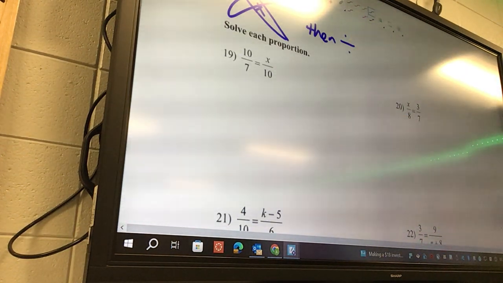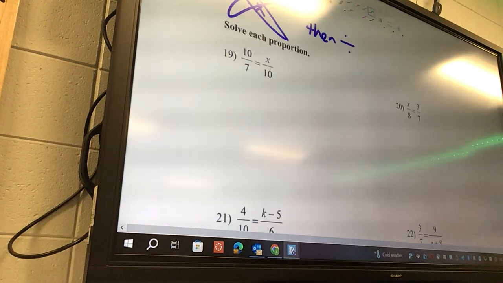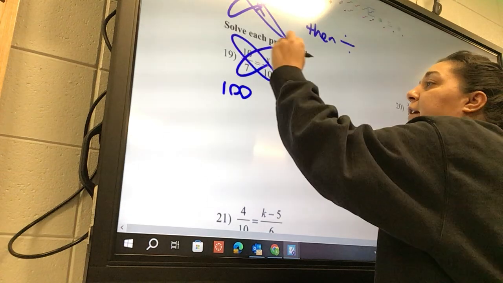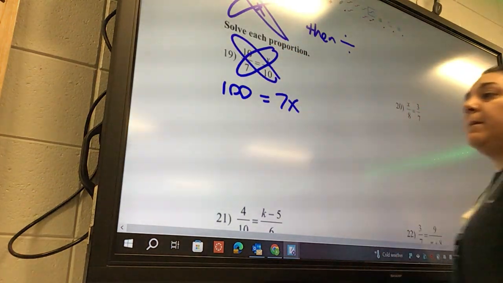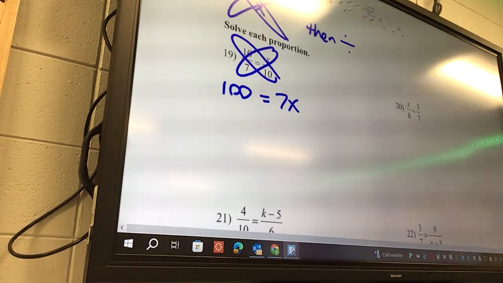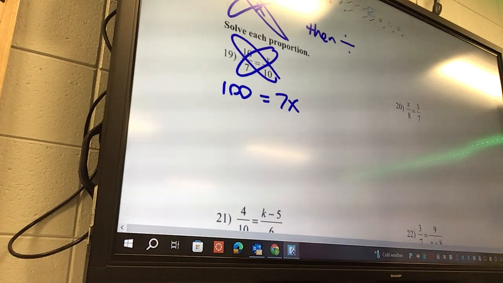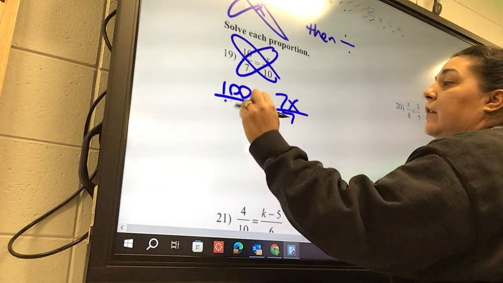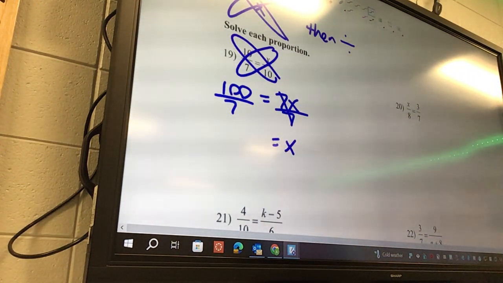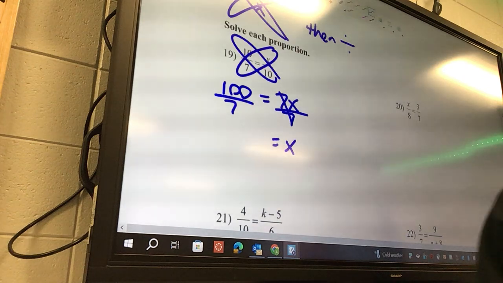So 10 times 10, 100. 7 times x is 7x. And then what? Divide by 7. What is 100 divided by 7? 14.2.